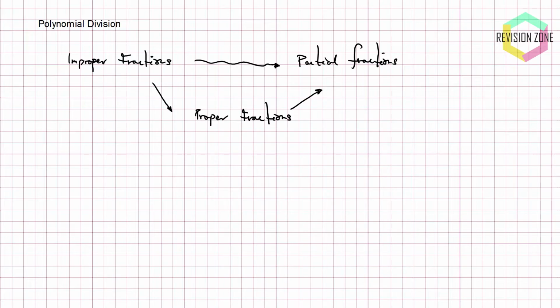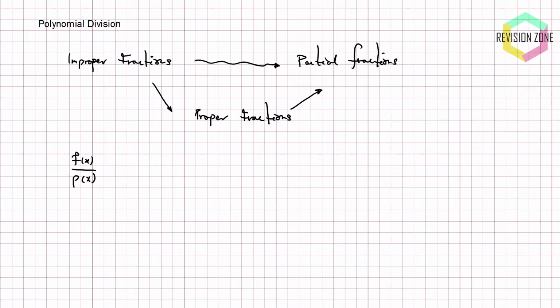Now, here's where our knowledge of polynomial division becomes important, because to be able to do this first step, to go from improper fractions to proper fractions, we need to be able to divide polynomials. So what do I mean by that? Say f of x is some polynomial, and p of x is some other polynomial. So you've got a fraction, which is an expression with something on the top and something on the bottom.